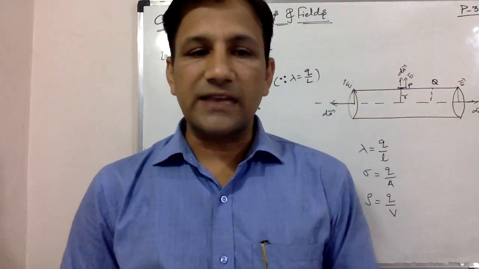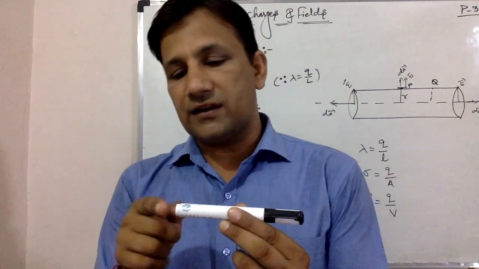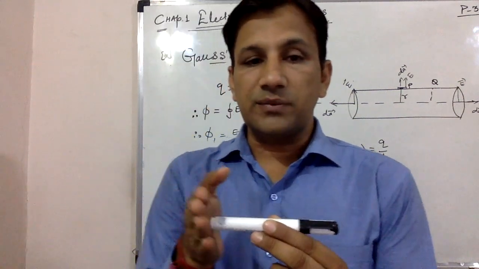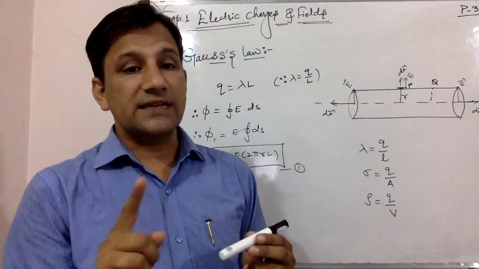Now the flux associated with the two end sides of the cylinder: they are perpendicular, meaning theta is 90 degrees, and cos 90 is 0.